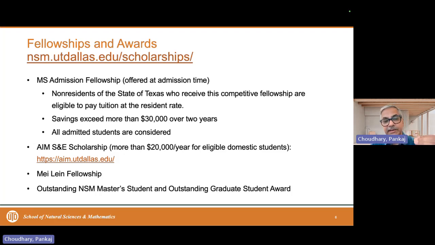But if you get this fellowship, you become eligible to pay tuition at the resident rate, and this saves about $30,000 over a period of 2 years. So we offer this MS Admission Fellowship to support our students. For this particular fellowship, both domestic and international students are eligible.